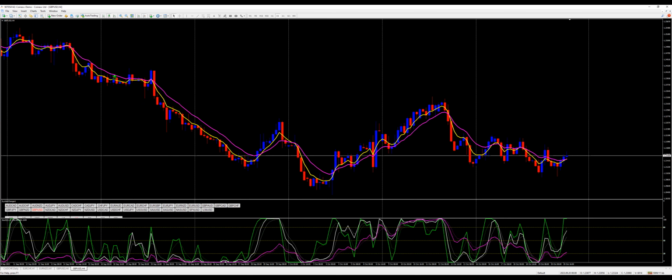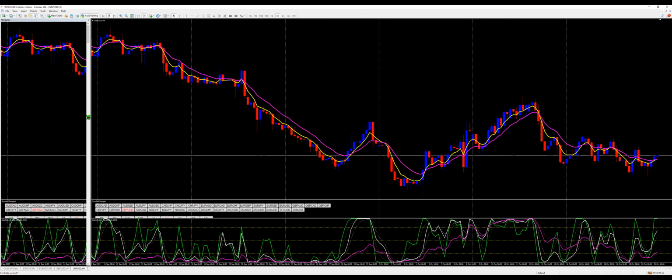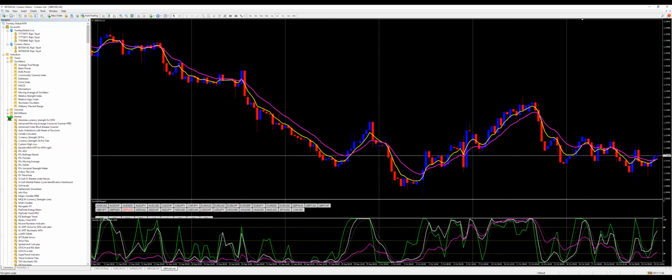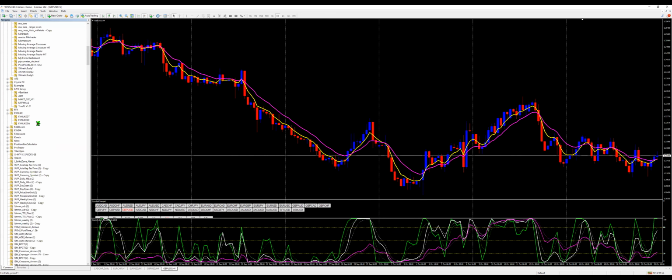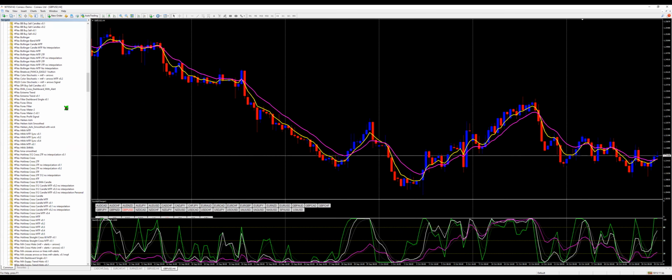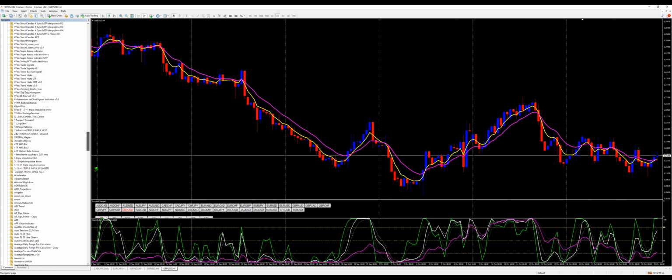Very simple. One last item that I add to this is what's called the MBFX snatcher, which gives me the swing points. And that's basically a zigzag indicator in a readable form. So MBFX, there it is.